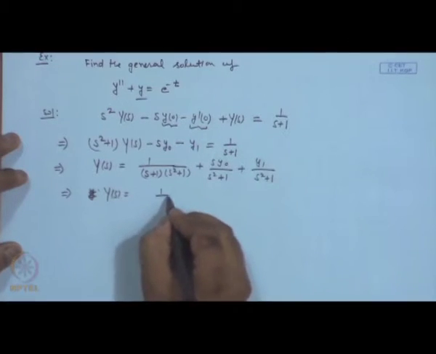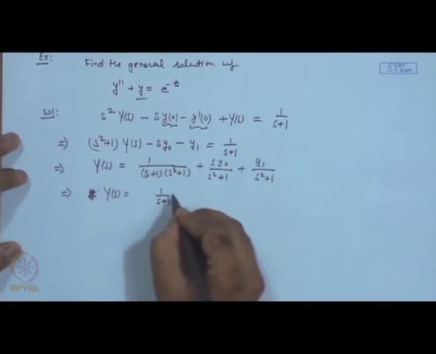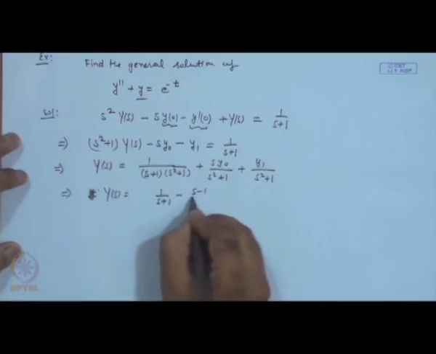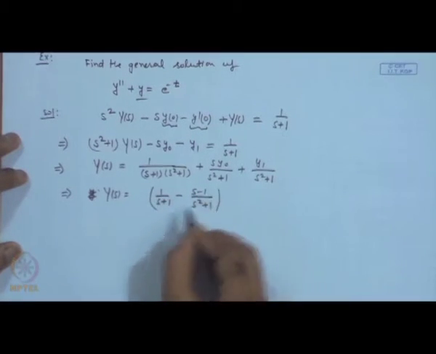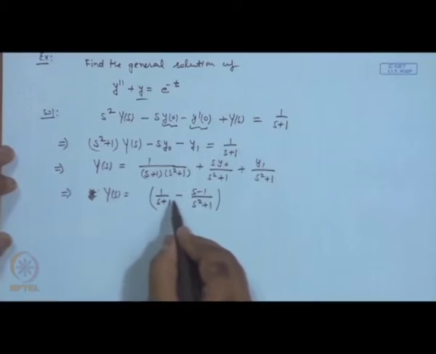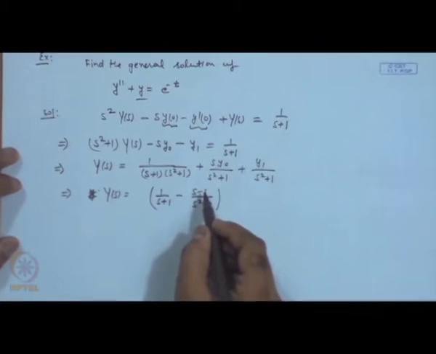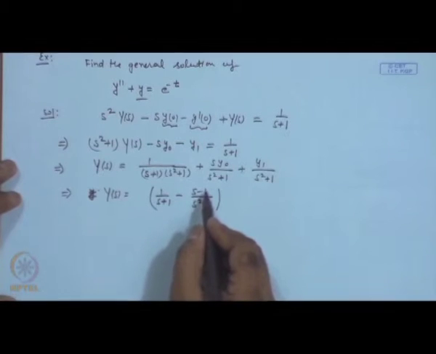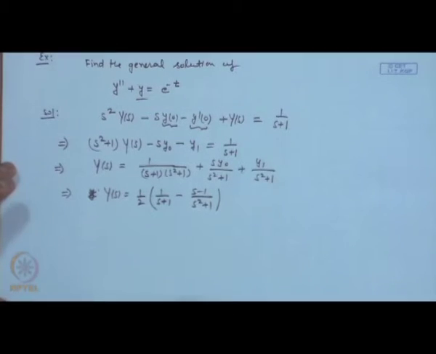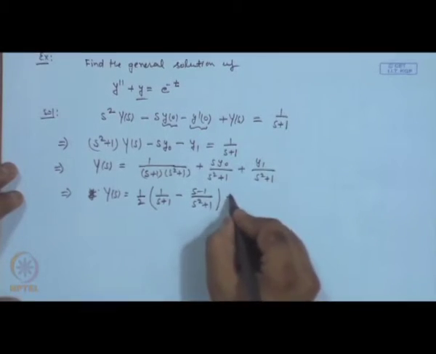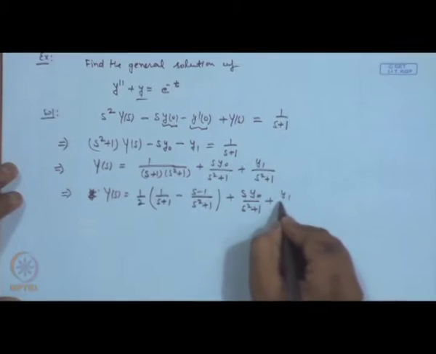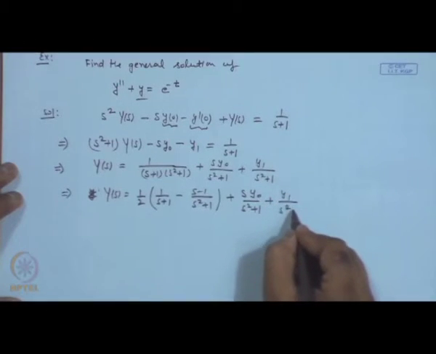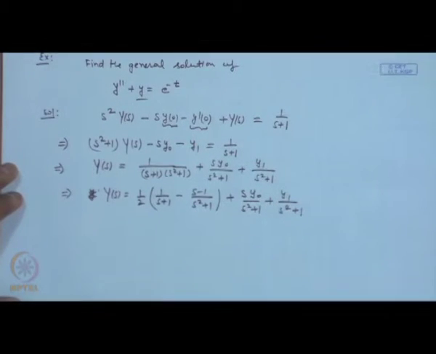So, we have 1 over s plus 1 and (s minus 1) over s squared plus 1. What we are getting here is s squared plus 1 minus s squared plus 1, so we get 2 here. To compensate that we have a half, plus s y0 over s squared plus 1 and plus y1 over s squared plus 1.